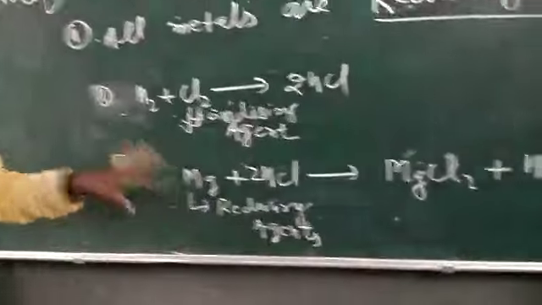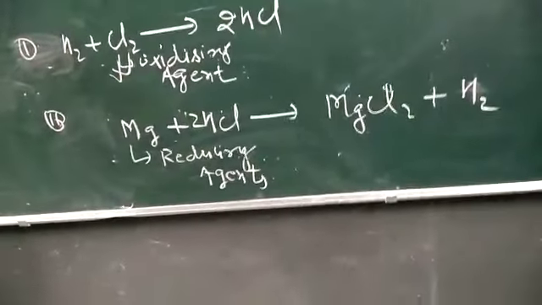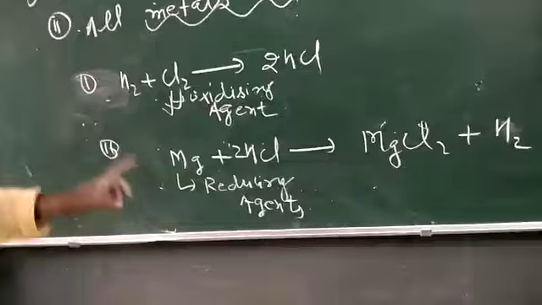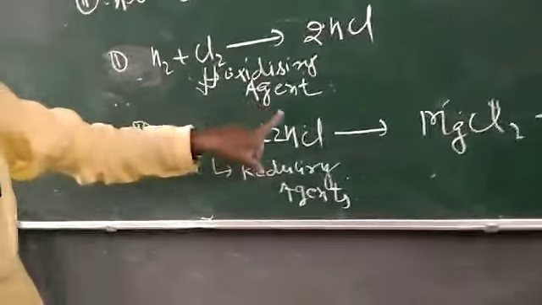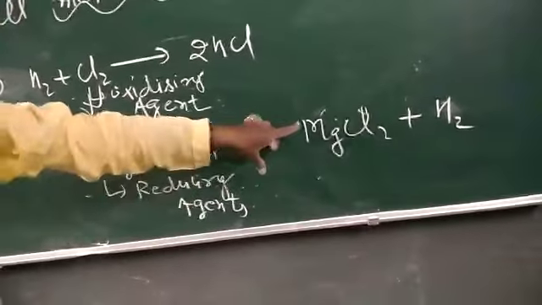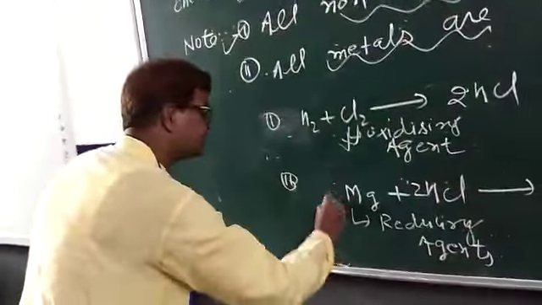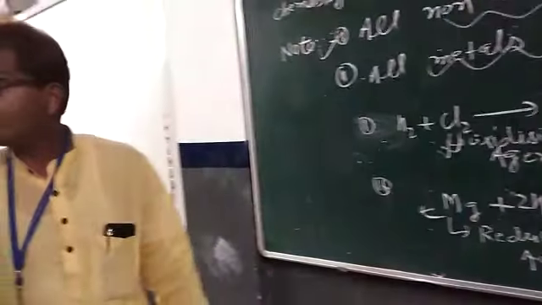See example number two. You have written all metals are reducing agents. See the second reaction. Magnesium reacts with hydrochloric acid to give magnesium chloride and hydrogen gas. In this reaction, clearly magnesium is a metal. Why?